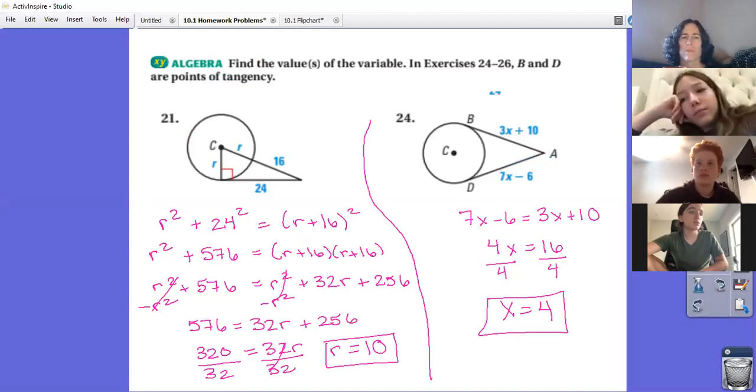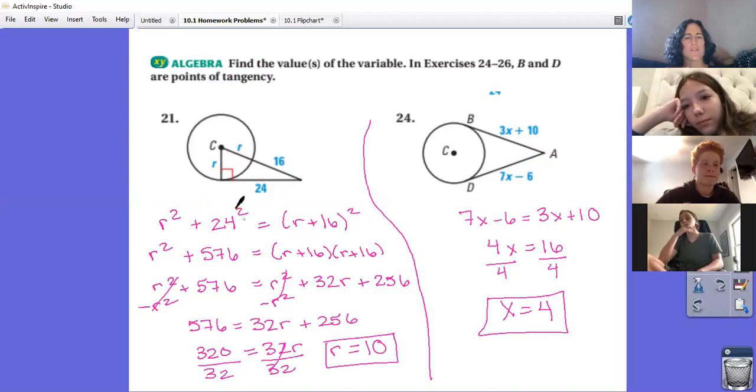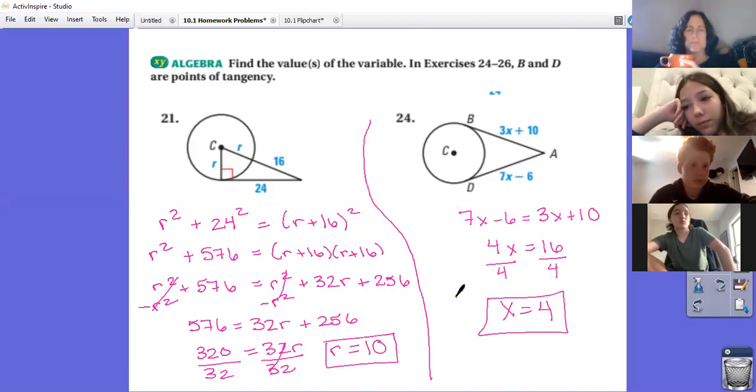Yeah, 21. So you had to write r squared plus 24 squared equals r plus 15 squared. So you got to remember to write it twice, and then you have to FOIL it. It should come out nice. And then 24 was kind of easy, just setting those two things equal to each other.